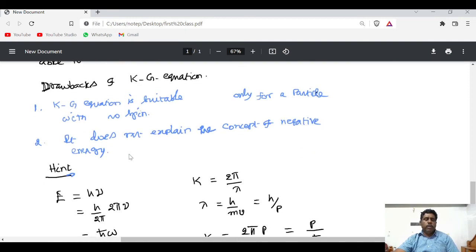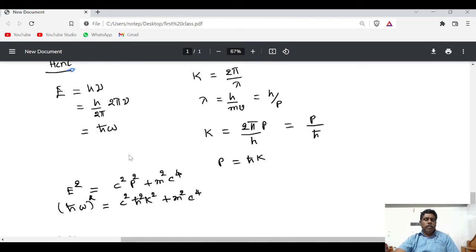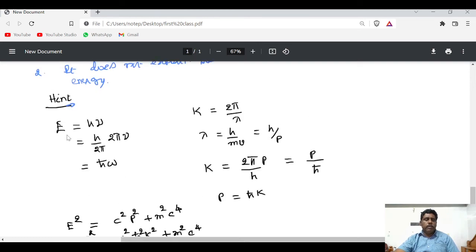The way of arriving at the energy equation E square equal to h cross omega whole square, and p square equal to h cross square k square is explained as a hint. E equal to h nu, divide h by 2 pi and multiply nu by 2 pi, we can get h cross omega, since h by 2 pi is our h cross. This is our propagation vector k, which is equal to 2 pi by lambda, but according to de Broglie, lambda equal to h by mv, which is equal to h by p.